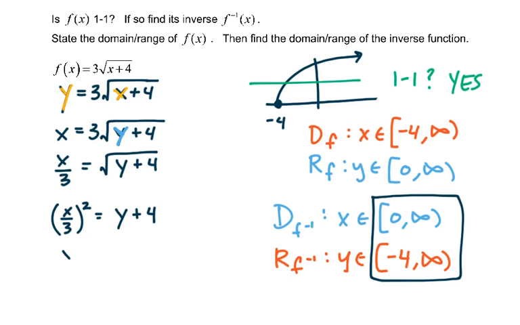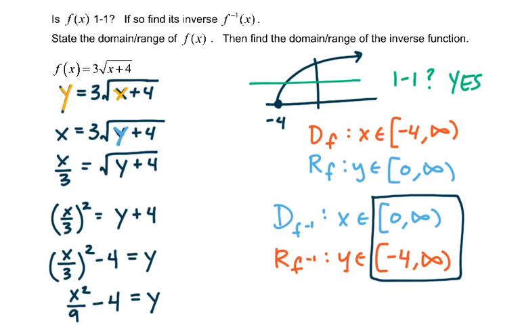And I'll lastly subtract 4. So I've got x over 3 quantity squared minus 4 equals y. And x over 3 quantity squared, that's the same as saying x squared over 9 minus 4 equals y. All right?